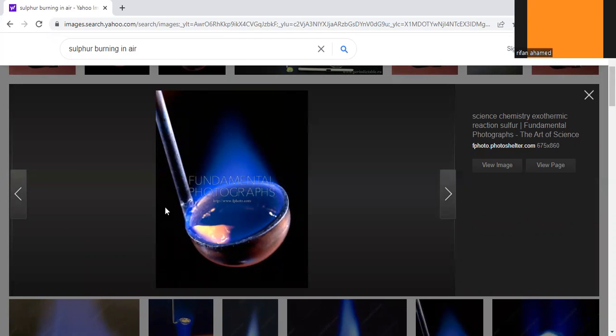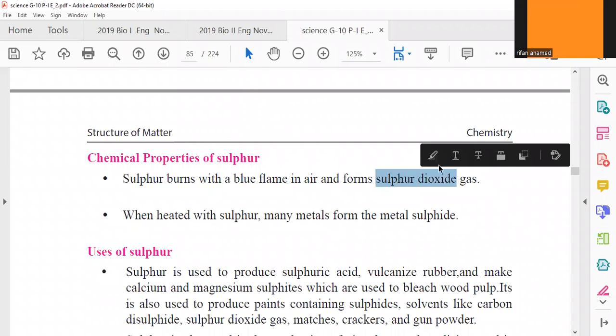When it is burning, you will feel a bad smell, a dead rat-like smell coming out. That smell belongs to a gas called sulfur dioxide. So, if you burn sulfur in air, what is the flame color? Blue color flame. And what is the gas coming out? Sulfur dioxide.